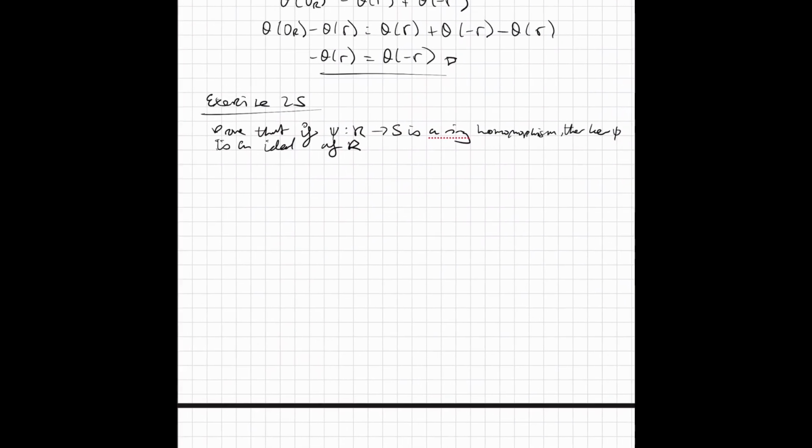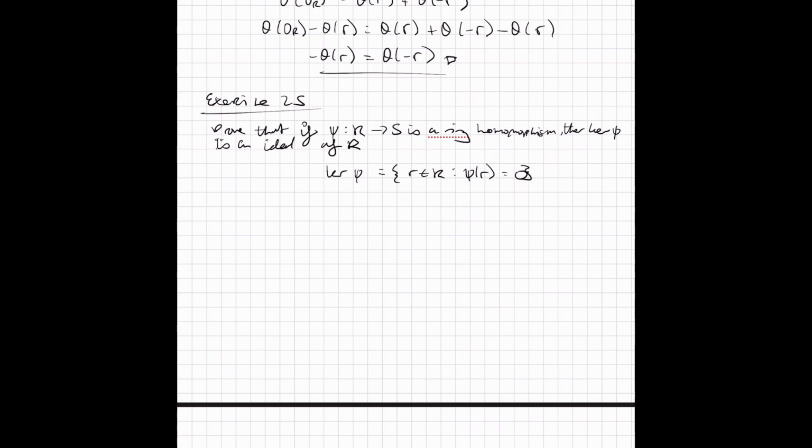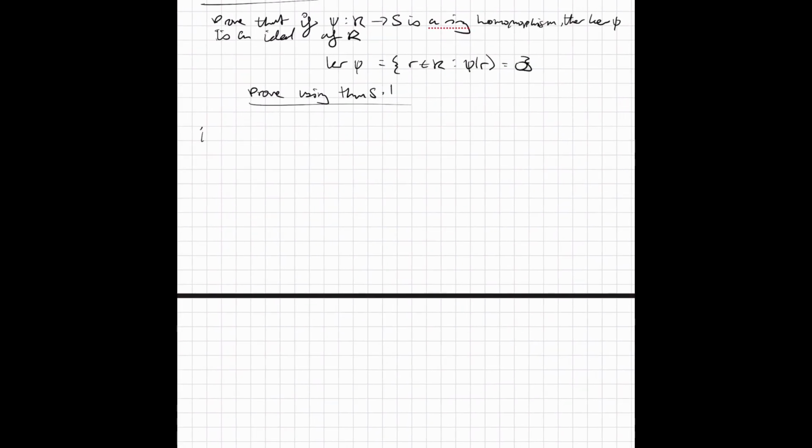Okay, so from the module booklet, I know that the kernel of psi, the set, is equal to all r in R such that psi of r is equal to 0. Okay, so I'm going to prove exercise 25 using theorem 5.1 from the booklet.